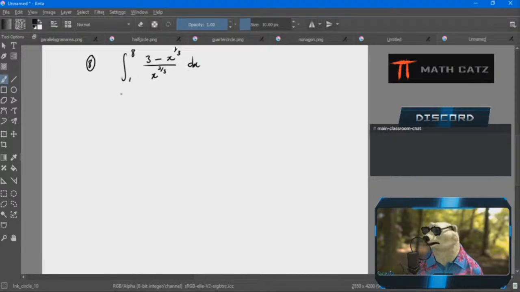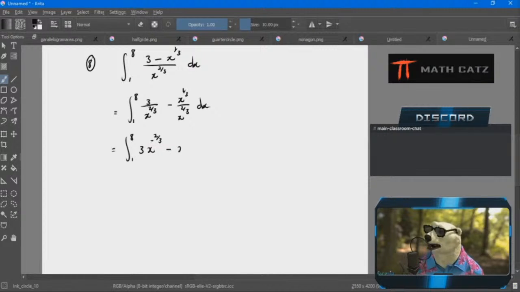And there's no reverse quotient rule for us, so I need to just rewrite this so that I can see how to reverse engineer this guy. So it'll be 3 over x to the 2/3 minus x to the 1/3 over x to the 2/3, and then I will simplify each of those terms to 3x to the negative 2/3 minus x to the 1/3 minus 2/3 is negative 1/3.